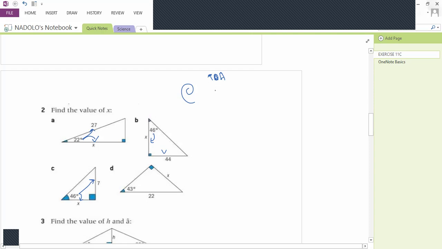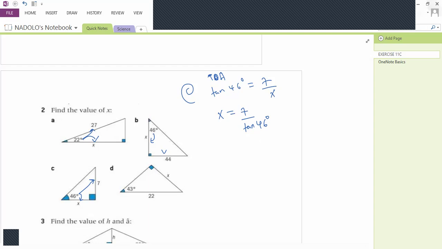So tan of an angle is opposite over adjacent. So we can do tan of 46 degrees is equal to opposite over adjacent. So for you to get X, you can do the reciprocal we did and realize that it is 7 divided by tan 46 degrees.